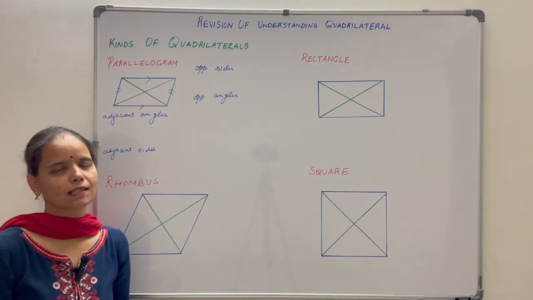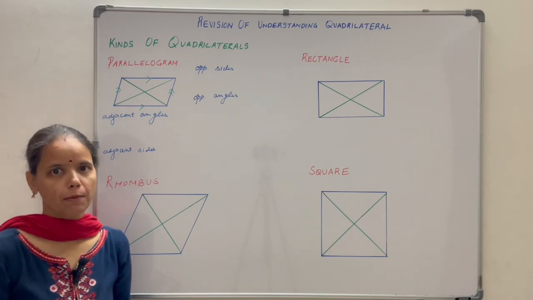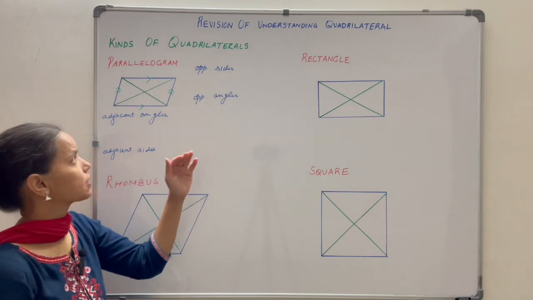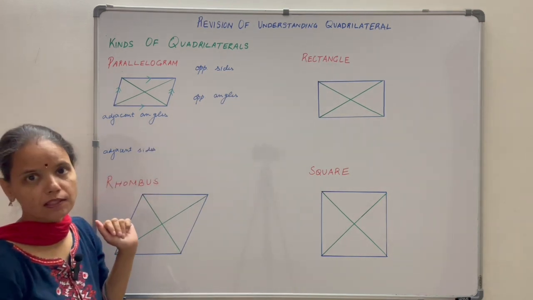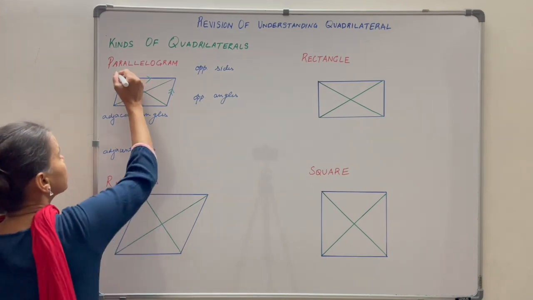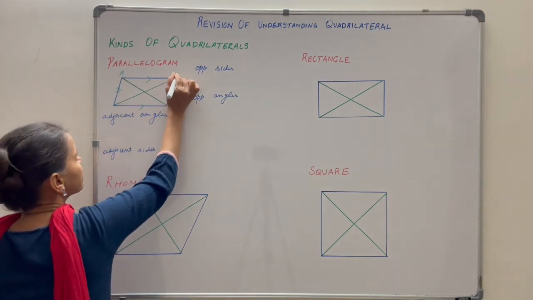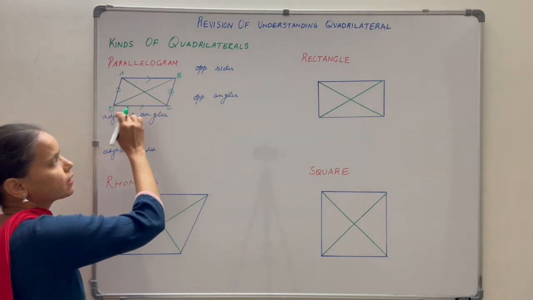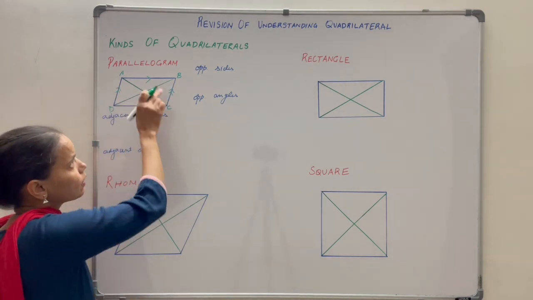Let us now discuss the elements of parallelogram. The elements of parallelogram are opposite sides, opposite angles, adjacent sides. So opposite sides, let us name it first as A, B, C, D. I have named the parallelogram in clockwise direction.